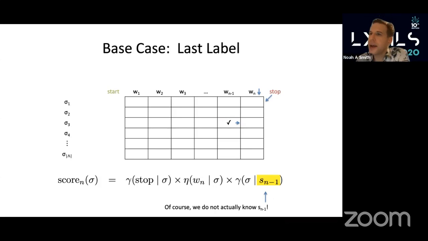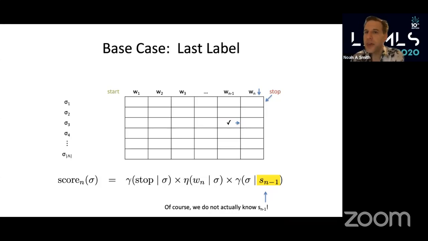And then the third is the fact that we're at the end of the sequence and the next thing that happens is a stop. The last thing after the last state is generated is we go to a stop state and stop generating. So these are the three pieces of information, and the reason we like to start at the end is that two of them are known: the stop and the nth word. But we don't know what S sub n minus 1 is.